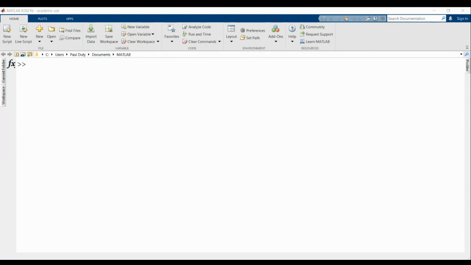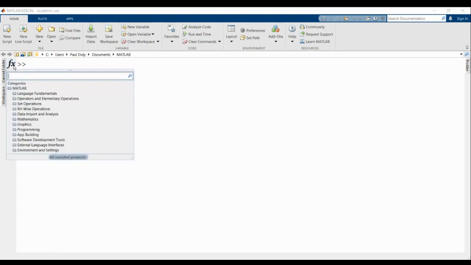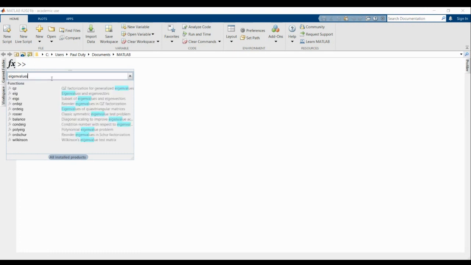So this is the command window. By the way, if you ever need help on something, if you click on the little fx thing there for function, that's your help. You can type in, for example, eigenvalues. That's something we'll see later, but you see there are all kinds of examples of how to do eigenvalues in MATLAB.